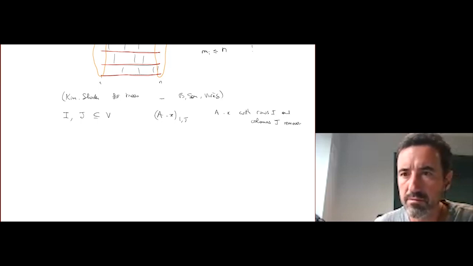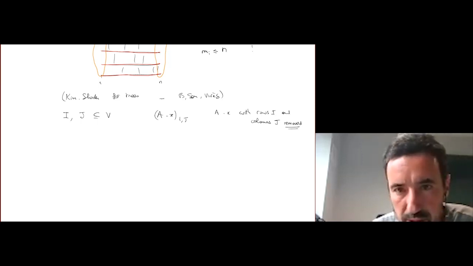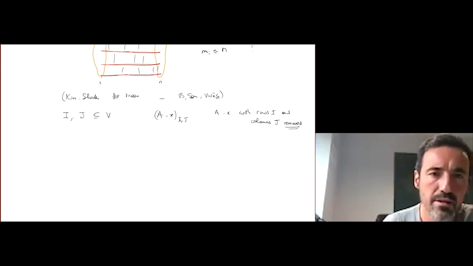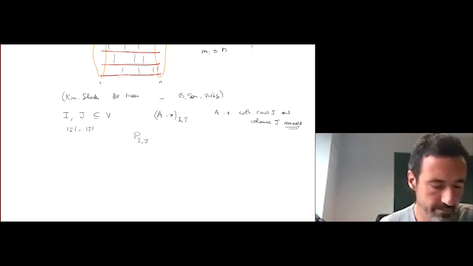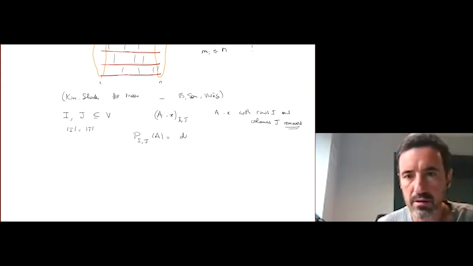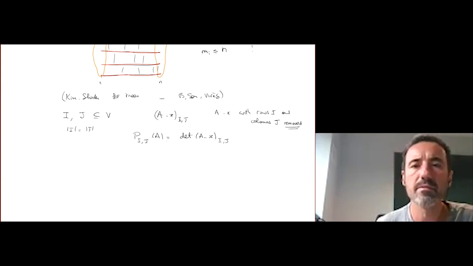Okay, so my convention is not usual. The subscript is for the rows and columns I remove, not that I keep. So they have the same cardinality. And then I define P_{ij} of A to be the characteristic polynomial of this matrix. Okay, so it's a polynomial.